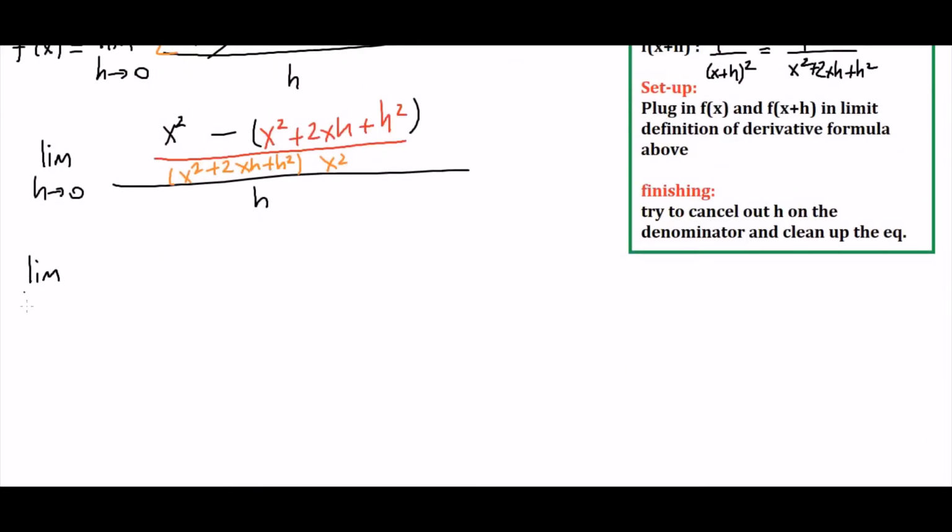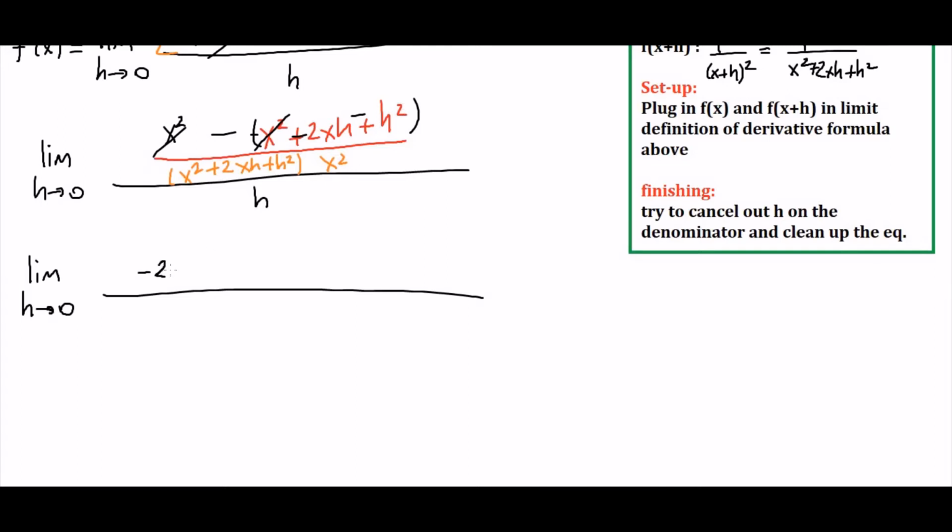So limit as h is approaching 0. That x squared cancels this x squared, because the negative sign makes this negative, and we obtain negative 2xh minus h squared.